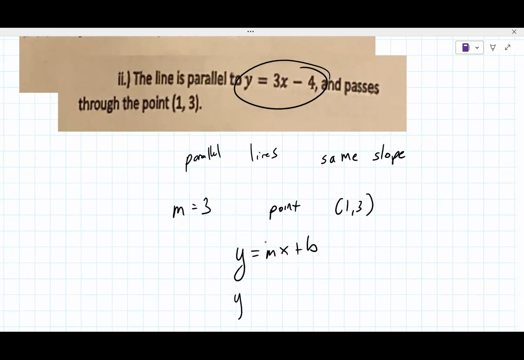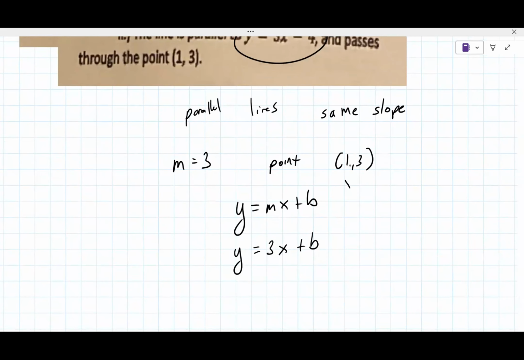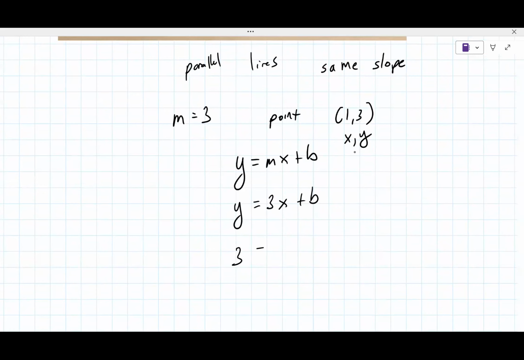So we're going to write the equation y equals 3x plus b. Then to find b, we're going to use this x and this y. 3 equals 3 times 1 plus b. Could you solve this for b, please?